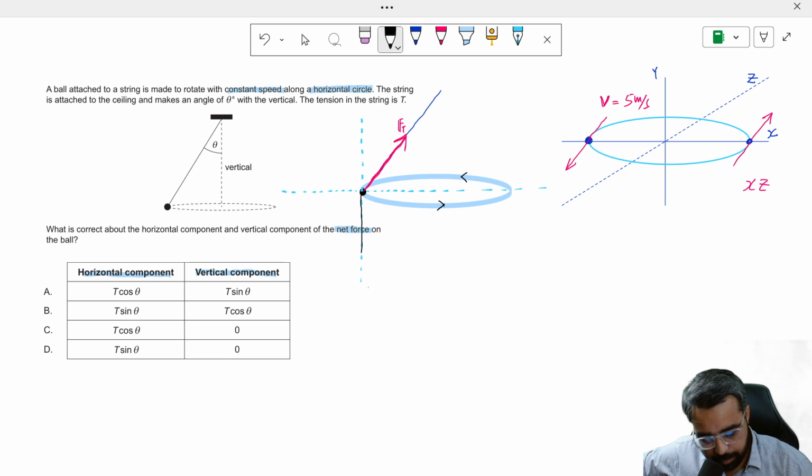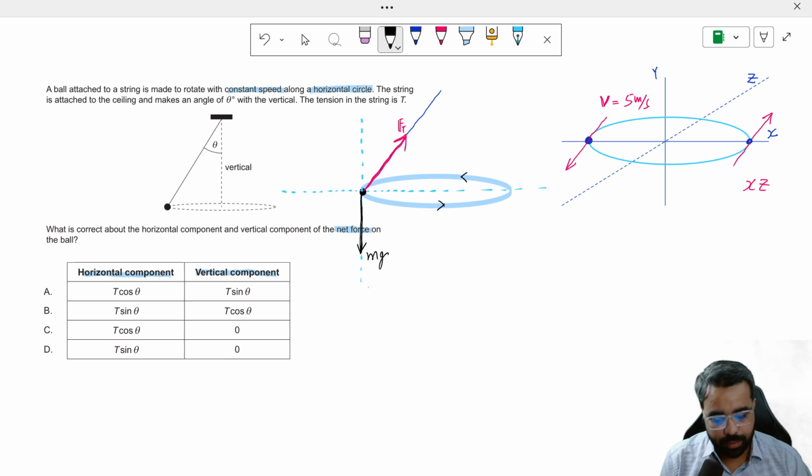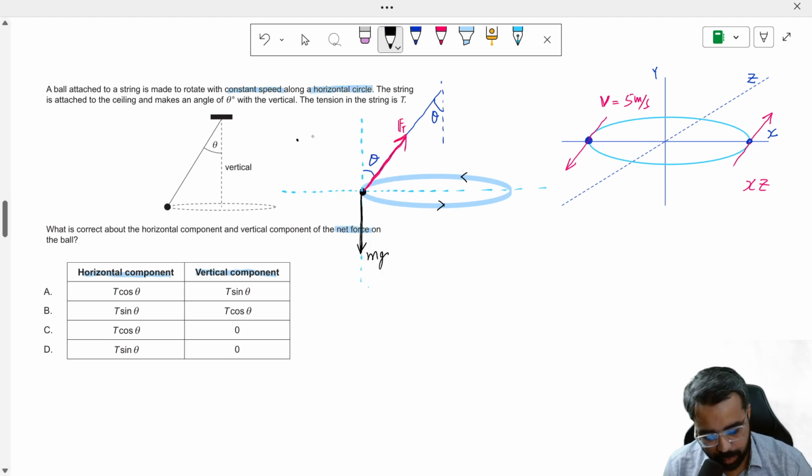Now remember that the weight in this question, mg, is smaller than the force of tension. The reason is that if you see this angle theta, this angle is also theta. So one of the components of the force of tension is equal to the weight.